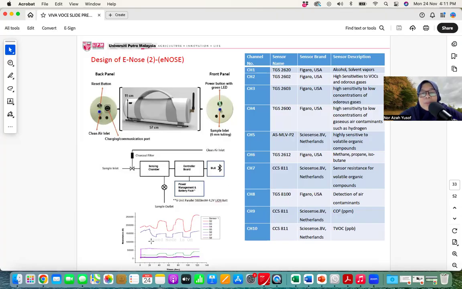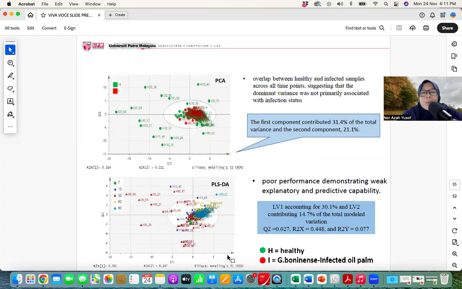You can see the one generated from the eNose is like this, and then you have so many categories to come up with. So you need to save the data into software that can analyze and give some indication whether you can segregate, and conclude that you are able to separate the categories between infected and healthy.